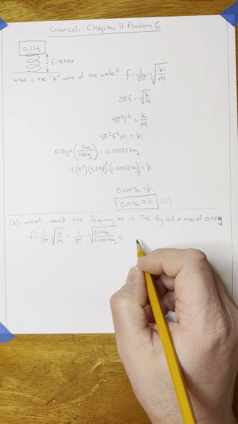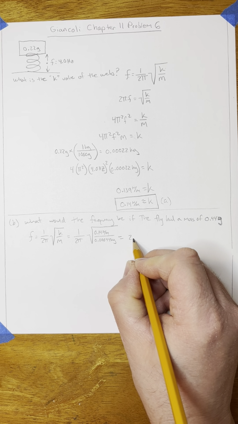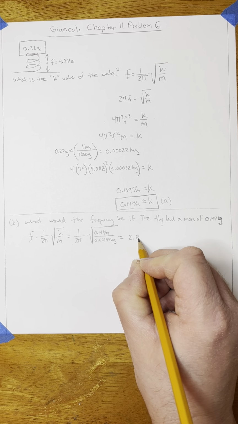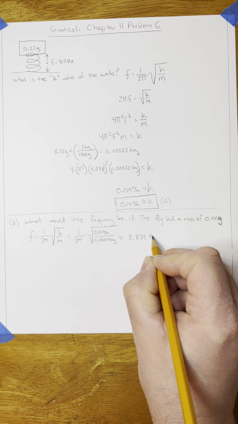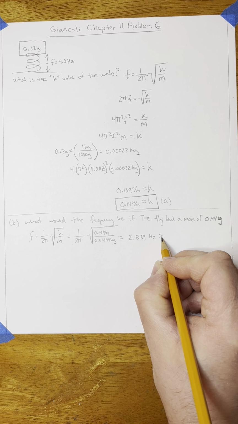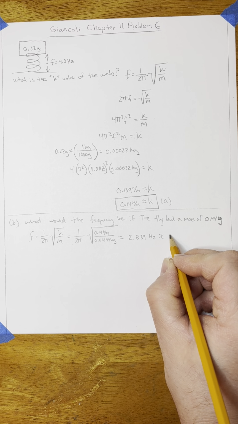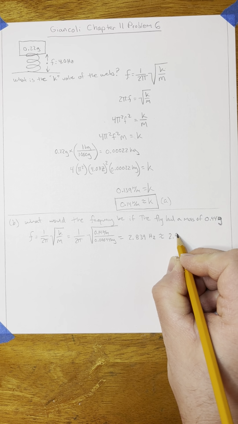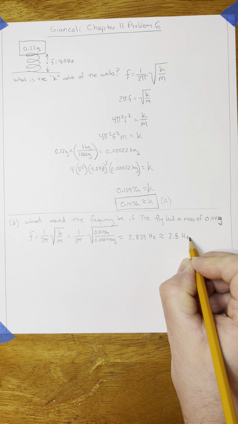And when you run that through your calculator, you'll get 2.839 hertz, which we will round to two significant figures again to get 2.8 hertz.